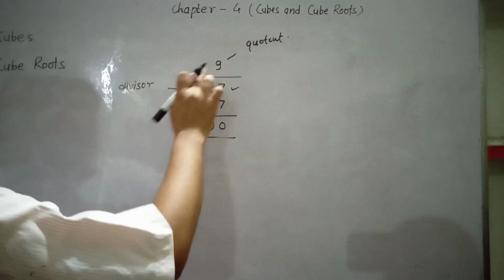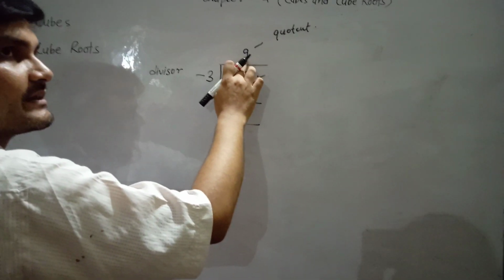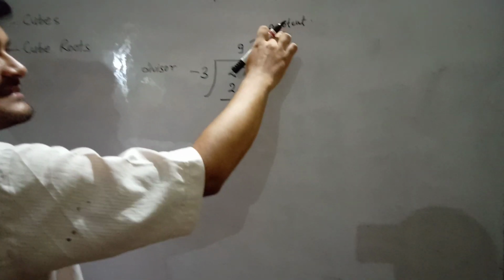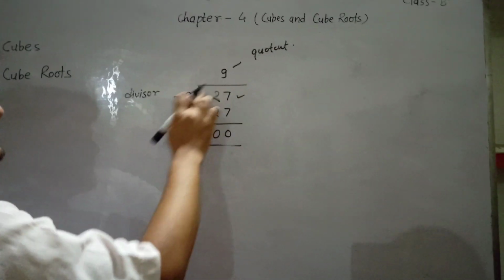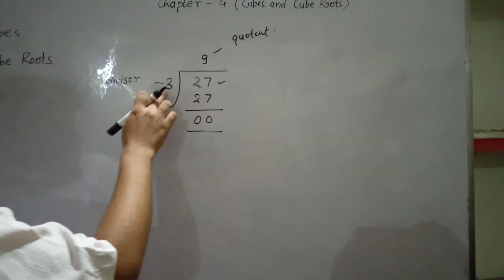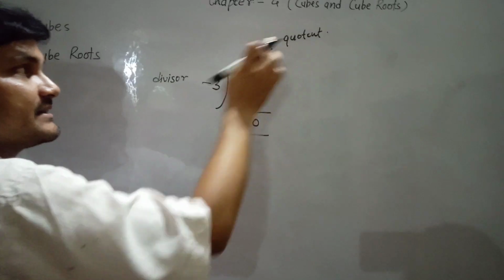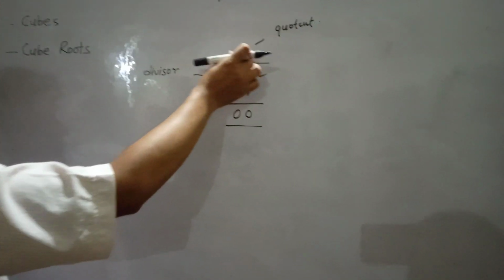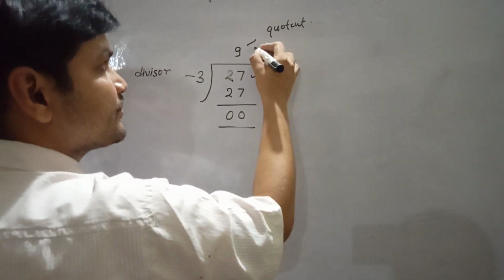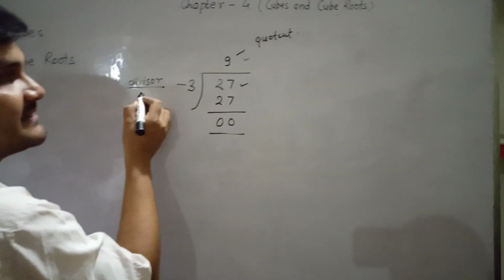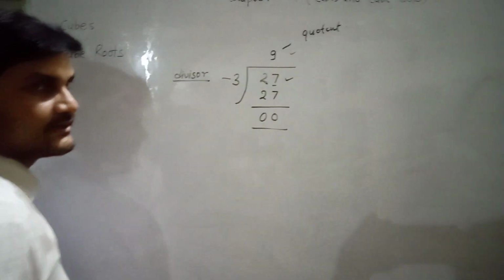Then here we will get the square of the divisor as the quotient. 9 is the square of 3. So we will get 9 as the quotient, 9 is the square of the divisor. So here the divisor is the cube root of the dividend.